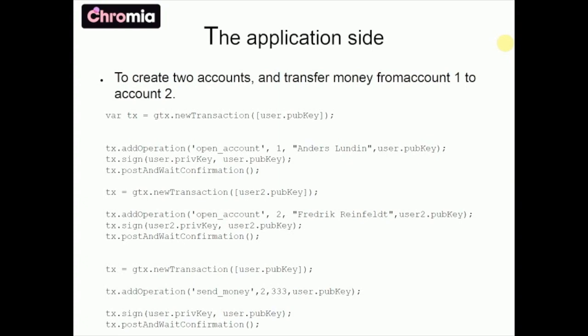And then we sign that operation, and that has to be done with the user's private key. That key is never divulged to the blockchain system. It's intended to be kept on the client computer.